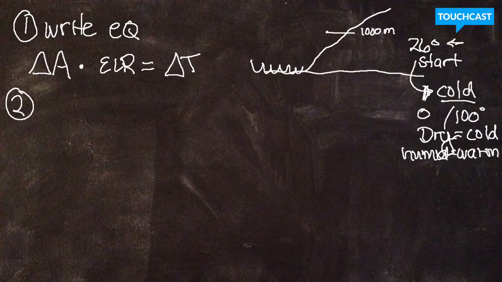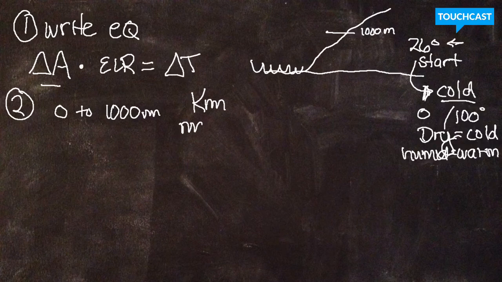So the next step is to fill in your knowns and set up your equation. We know the change of altitude because we're going from 0 altitude to 1,000 meters. Well, when we're dealing with this equation, we want everything to be in kilometers. So that means we have to change our meters to kilometers.